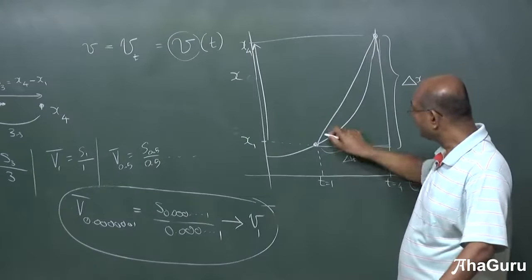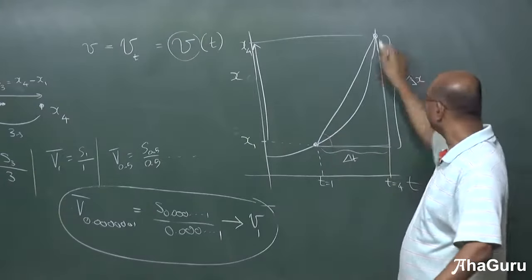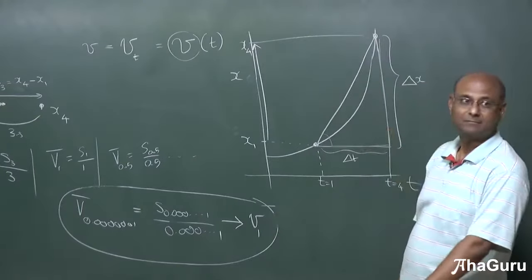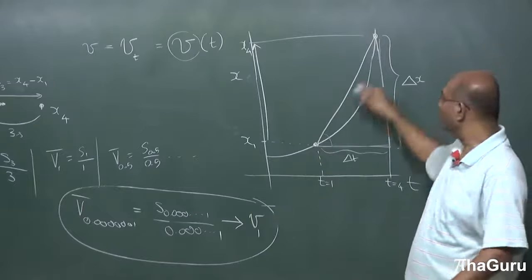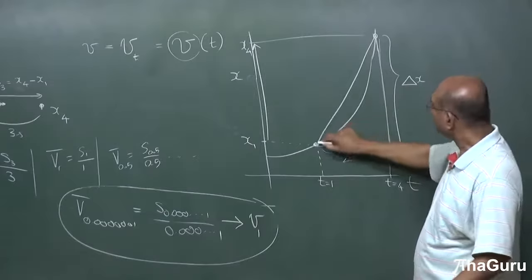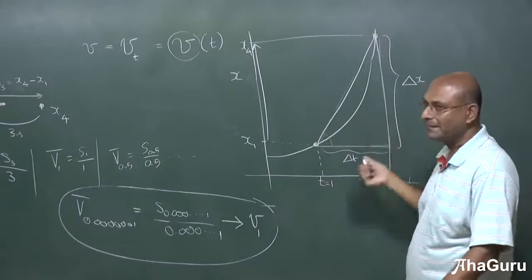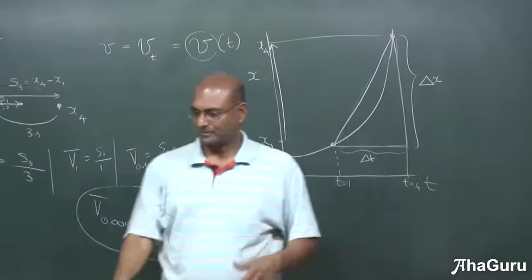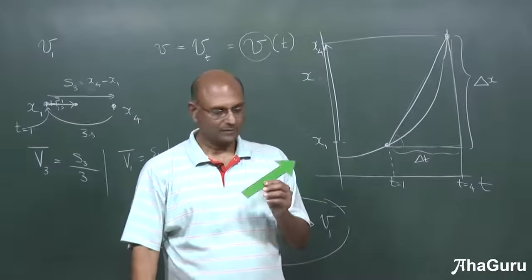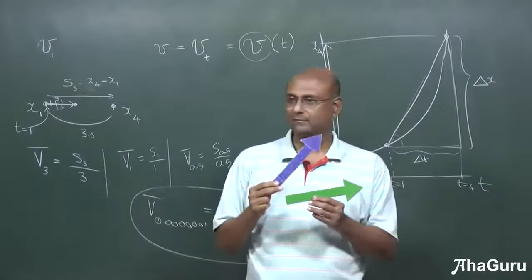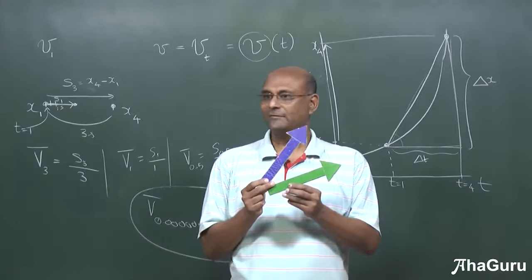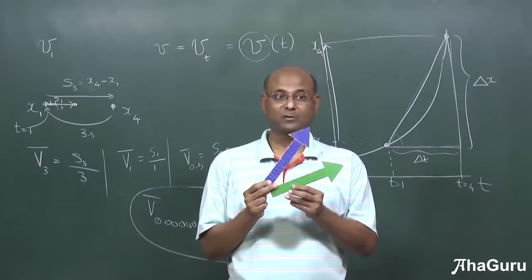Tan of this angle. It's a right angle triangle. Tan theta is called the slope of this line. Just a name. Okay, so what is the slope? You can understand the natural meaning of slope. Suppose I have these two lines, a green line and a blue line. Which one is steeper? Blue line. Which has a higher slope?